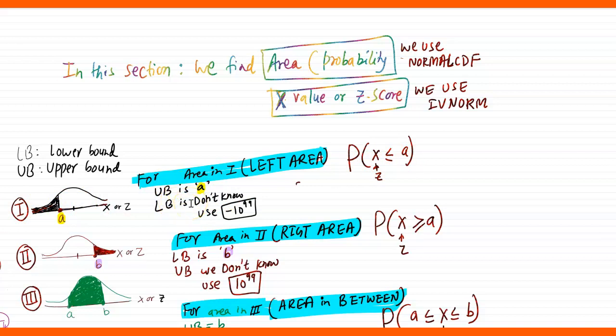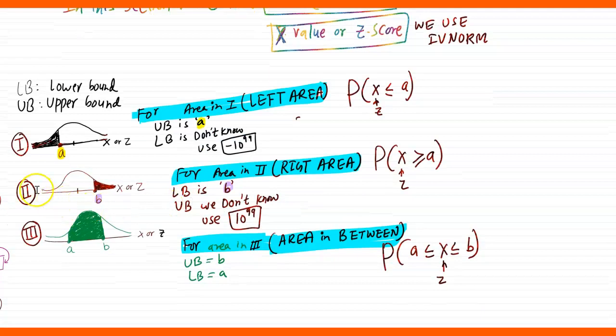That's very important. Similarly, for this second graph, the red shade represents the right area, because this area is to the right of the point B. This B could be an x value or a z value.